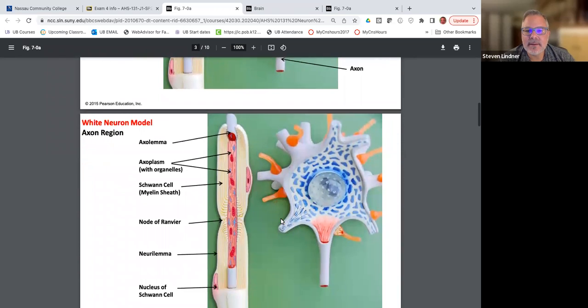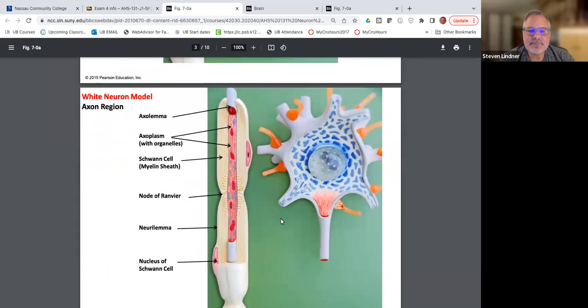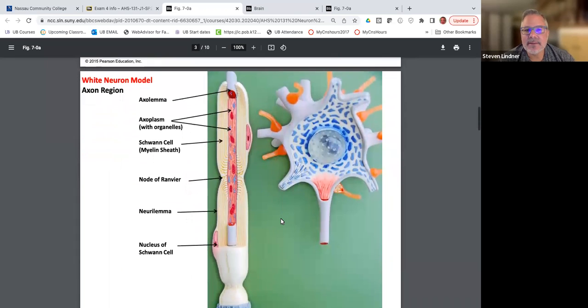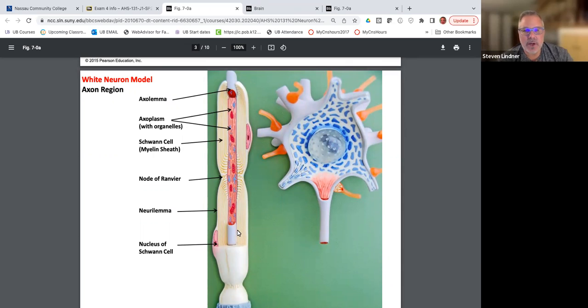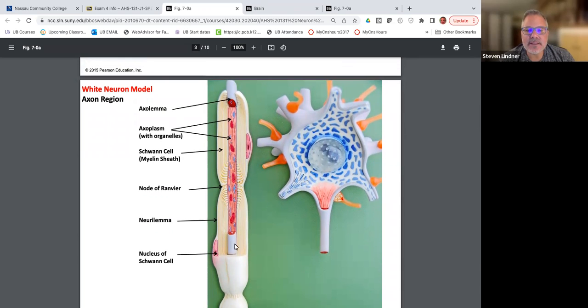Okay, let's move on to the next slide. And we can see that now we're looking at the axon region, which is this entire structure here. This is the axon. This is still the axon.